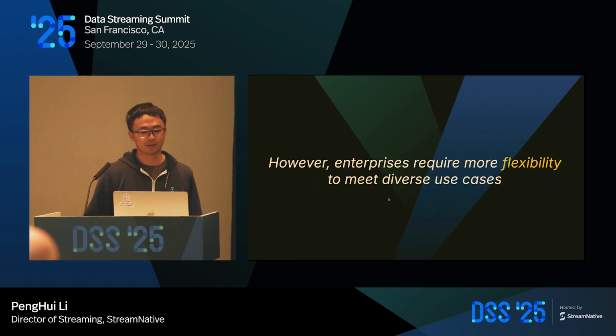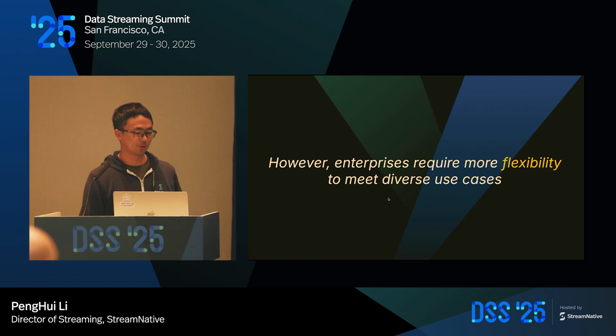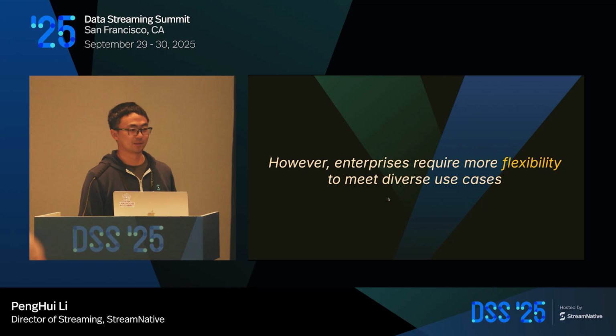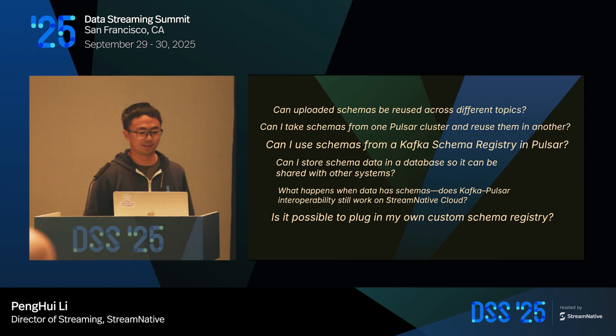However, more and more enterprises try to use schemas, but they also have some old systems already running or some customized schema, such as Confluent-schema-compatible or something different. There are more and more requirements for flexibility in schema support, so they have a lot of questions.